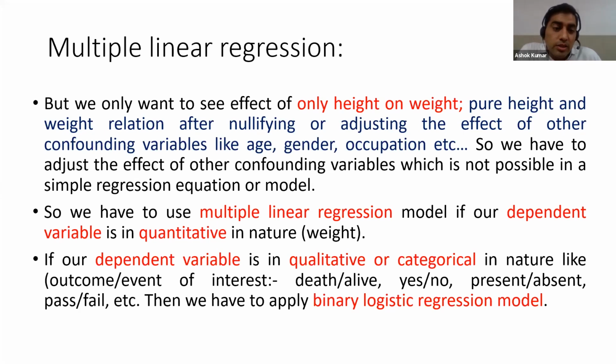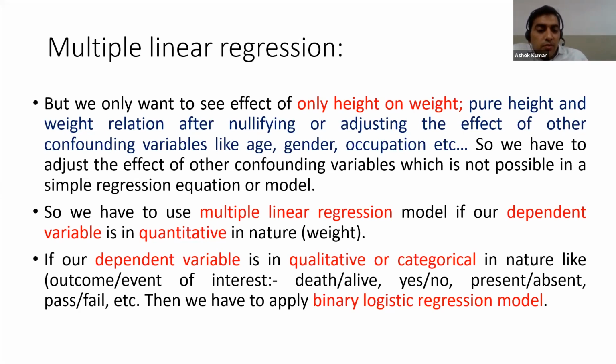We have to adjust the effect of other confounding variables or factors, which is not possible in a simple linear regression model. So we have to use a multiple linear regression model if our dependent variable is quantitative in nature, for example weight.